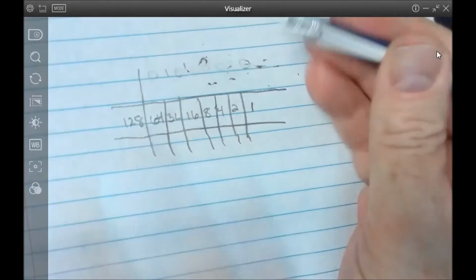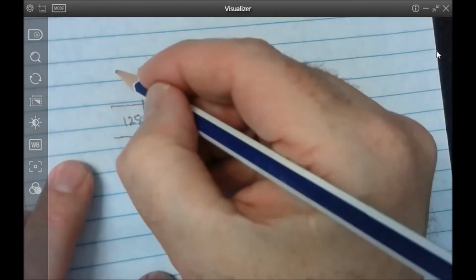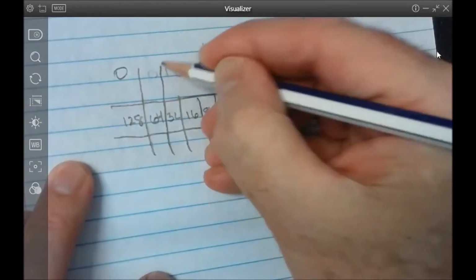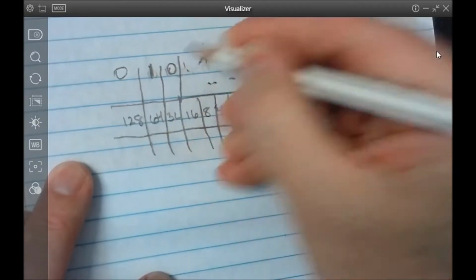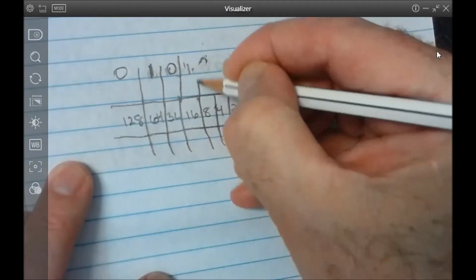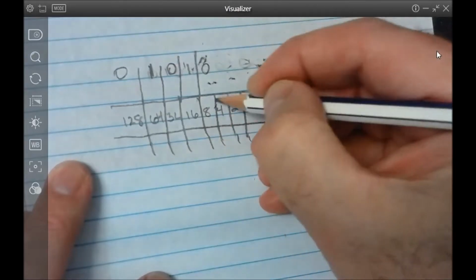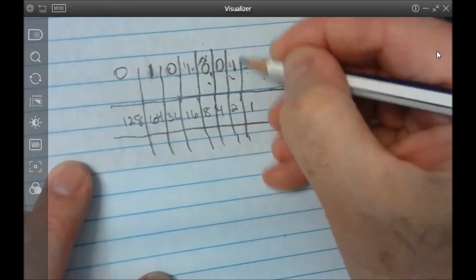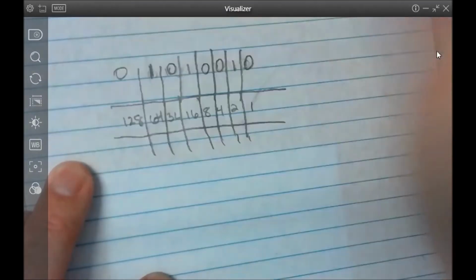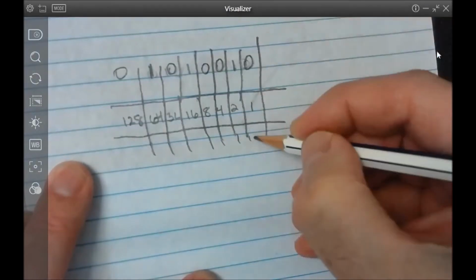Here we go. It's going to be a 0, 1, 0, 1, 0, 0, 1, and 0. There we go. We'll do it just like that.